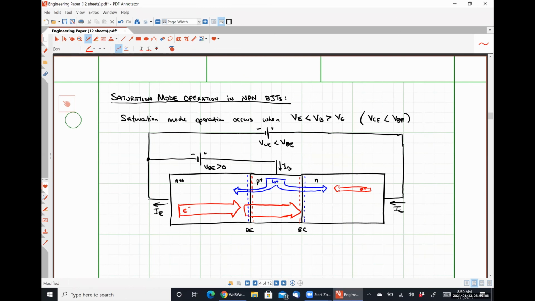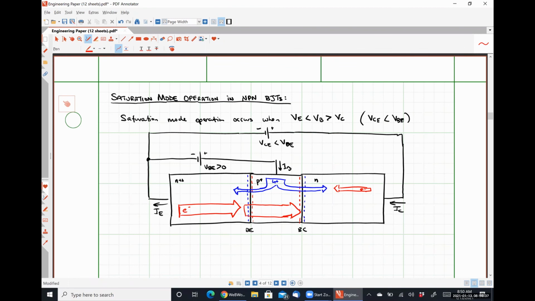So overall, what we see is that there's still a large net flow of electrons from left to right, which is what we consider our collector current to be, but the magnitude of that collector current is going to be significantly smaller, okay? Another side effect of having both of these PN junctions forward biased: beta is our common emitter gain, right?